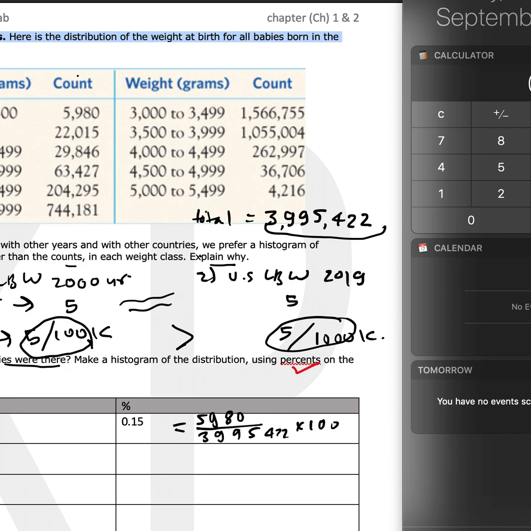We can round it up to 2 decimal points and get the answer as 0.15.